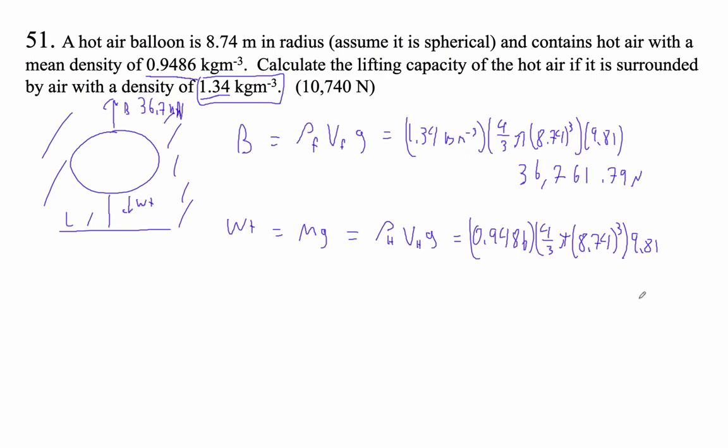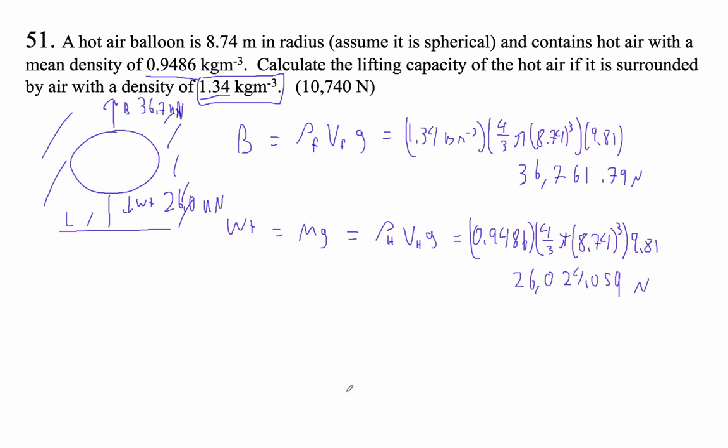All right, so insert 0.9486. So the downward force, this weight, is 26,024.059 newtons. So we've got 26.0 kilonewtons down.